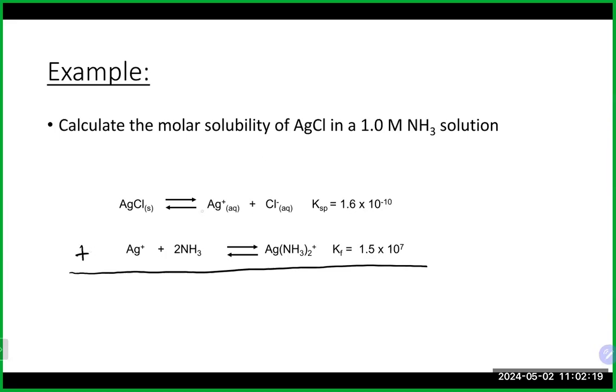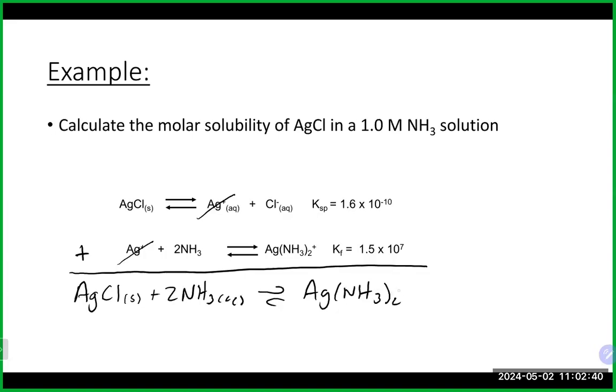In this case, as it may seem odd to you right at this moment, the silver ions actually do cancel out. And that leaves us pretty much what it is asking in the question, which is silver chloride plus some ammonia will make this complex ion and our chloride.